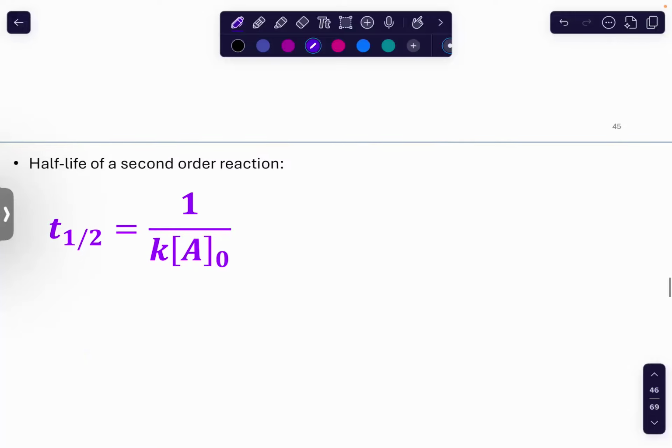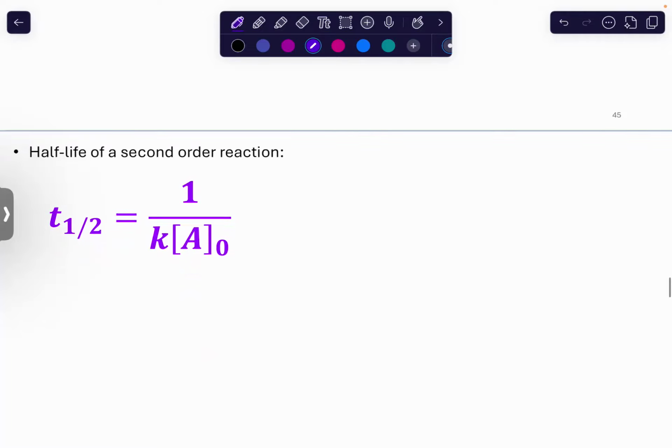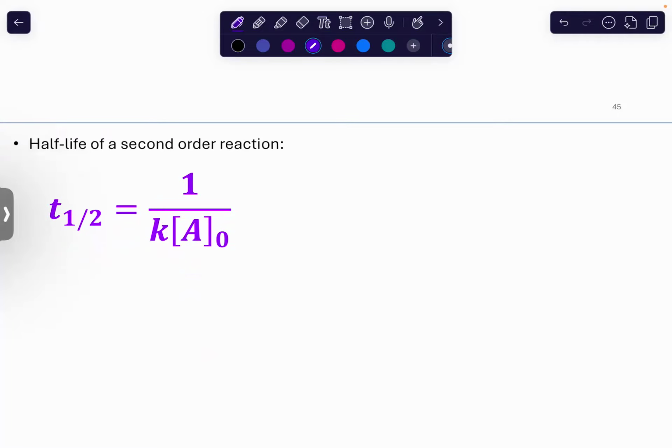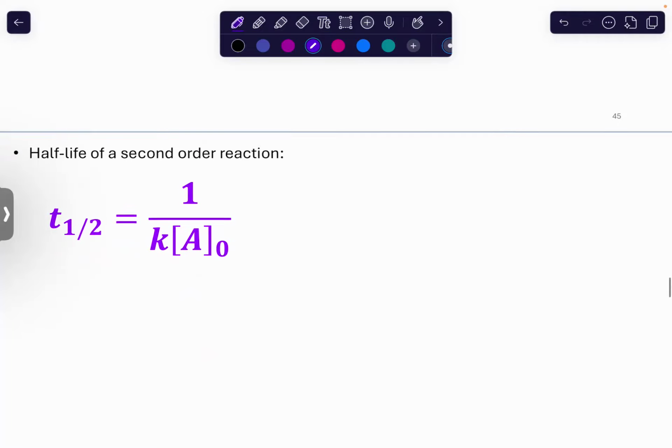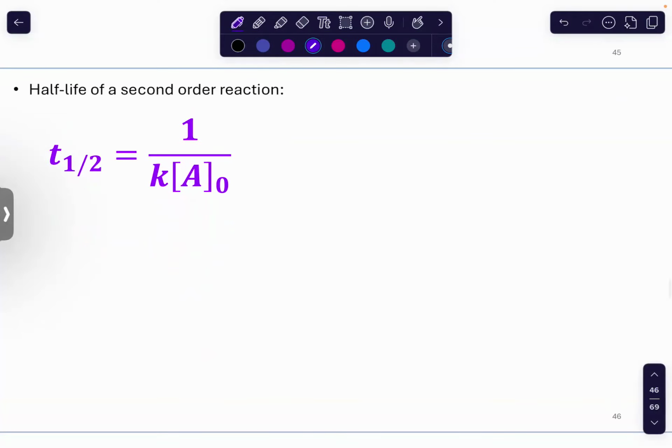So then, of course, again, we have to think of the half-life of the integrated rate law. Okay, so again, at t1/2, half of your original concentration has been used.